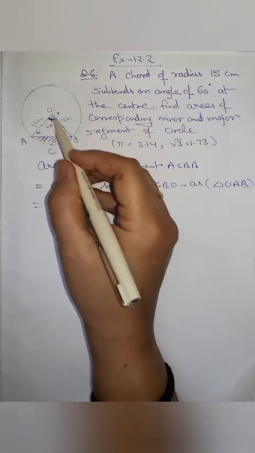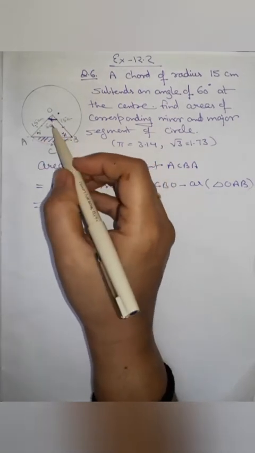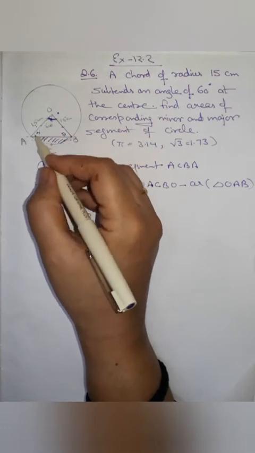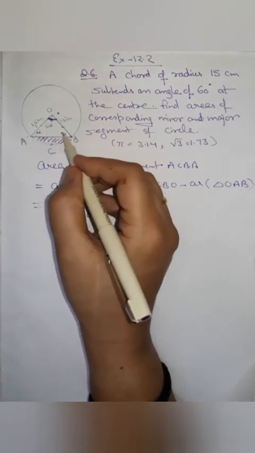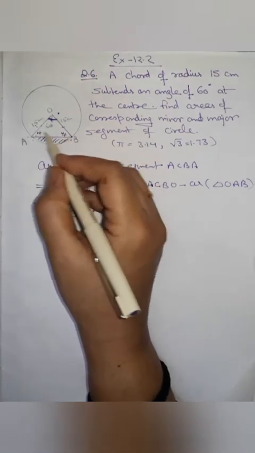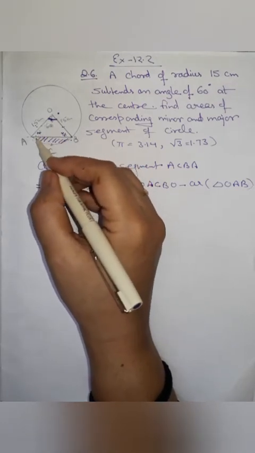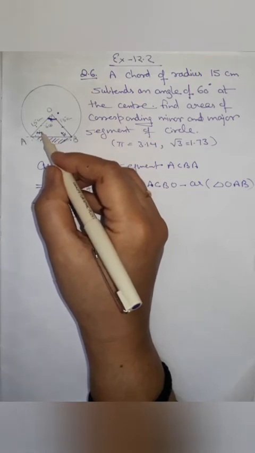Because these two sides are 15 centimeter, triangle OAB is isosceles. If it is isosceles, angles opposite to equal sides are equal. So x plus 60 plus 60 is 180, and if you calculate, you will get x is equal to 60.